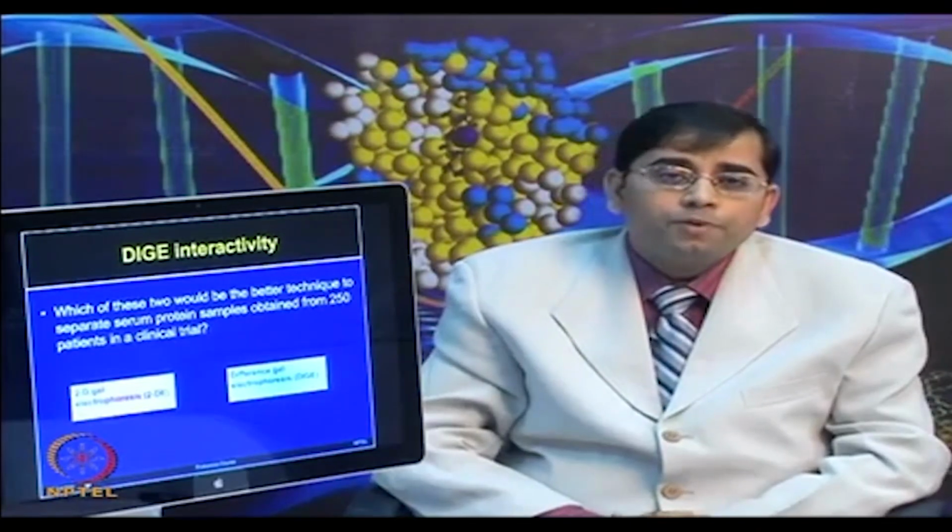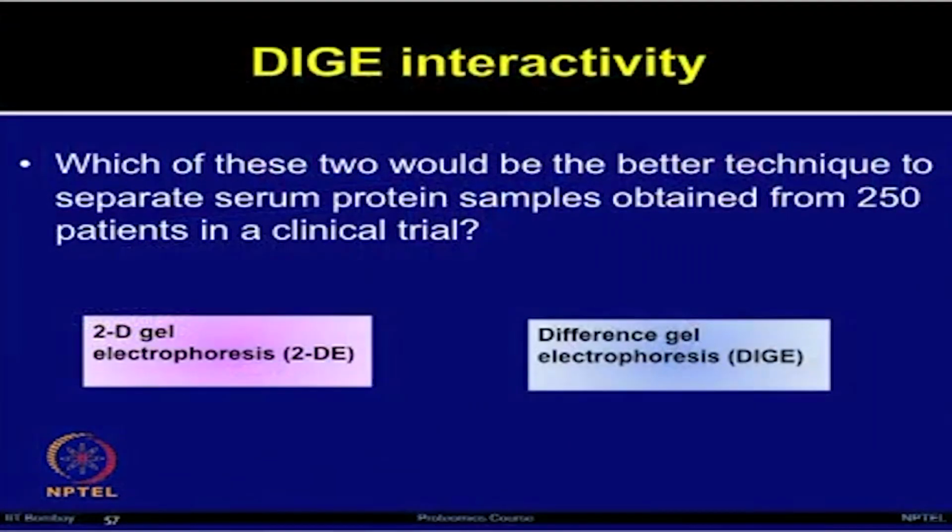If you want to perform some gel based proteomics approach and you have been given 250 patients from a clinical trial, which of the two methods will be useful, 2D electrophoresis or difference gel electrophoresis DIGE? Which of these two methods would be the better technique to separate serum protein samples obtained from 200 patients in a given clinical trial?